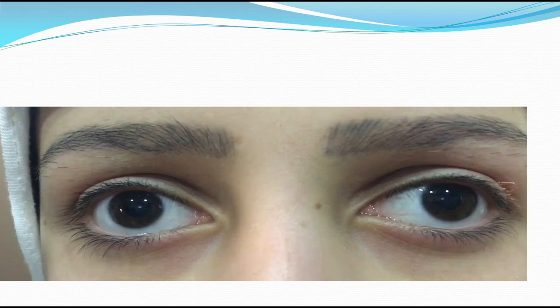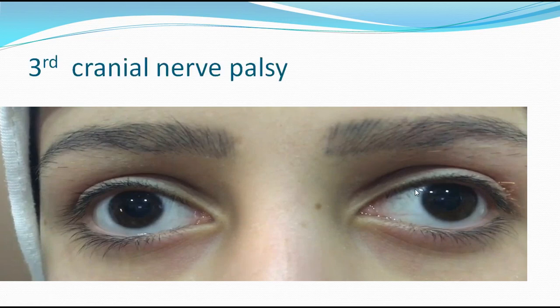So here in this patient, you can observe this eye is in neutral position, whereas this eye is slightly diverged outwards. So why is it diverged outward? Because the lateral rectus muscle and the nerve supplying it, the abducent nerve, is intact, whereas the oculomotor nerve is paralyzed. That is, the third cranial nerve is paralyzed.